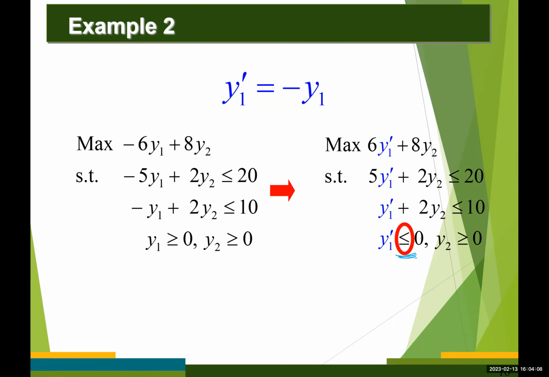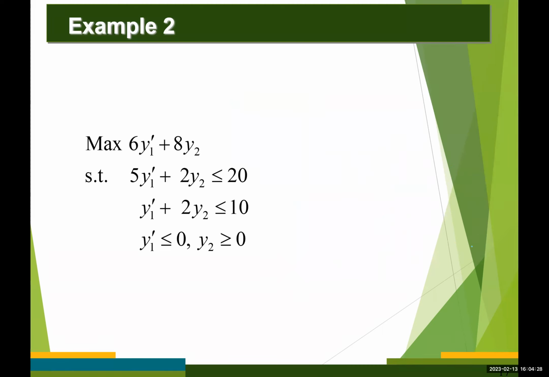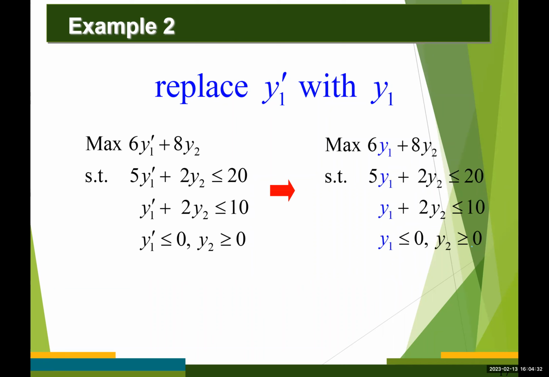You remember in the symmetric primal dual pair, the maximization problem has less than or equal constraints and non-negativity variables, right? Now I replace y1 prime with y1.